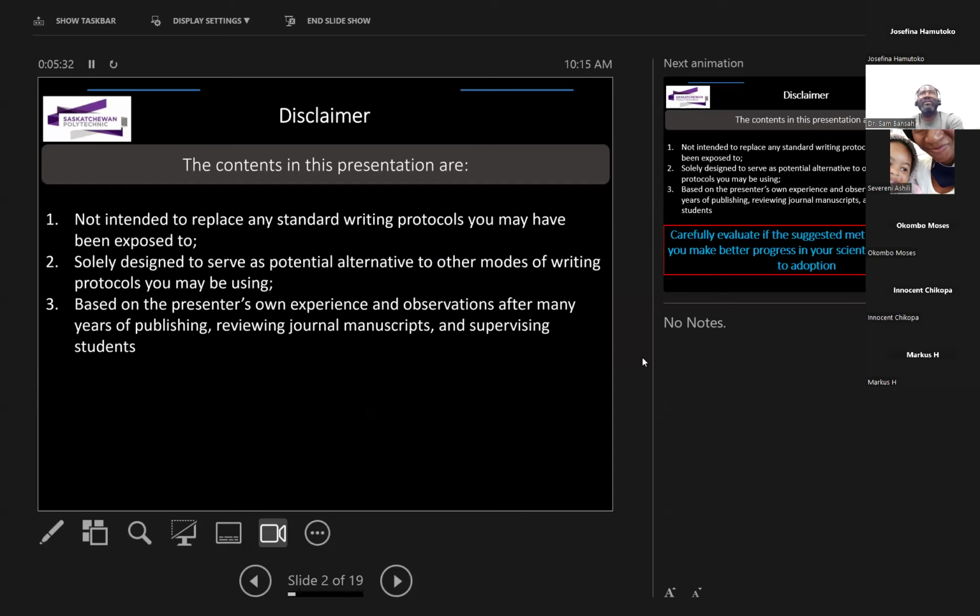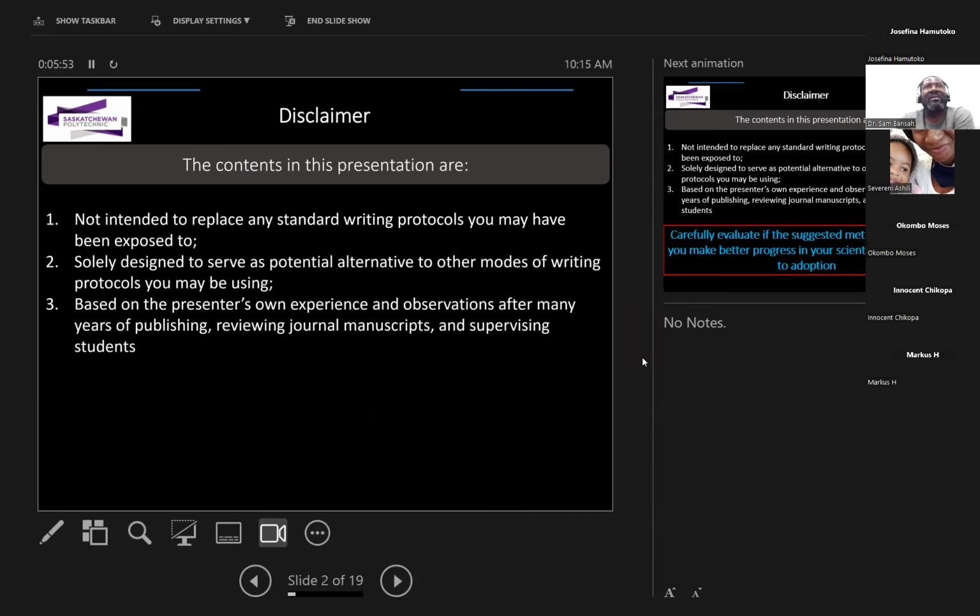Okay, I want to issue this disclaimer that the contents in this presentation are not intended to replace any standard writing protocols you may have been exposed to. They are solely designed to serve as potential alternatives to other writing protocols you may be using.